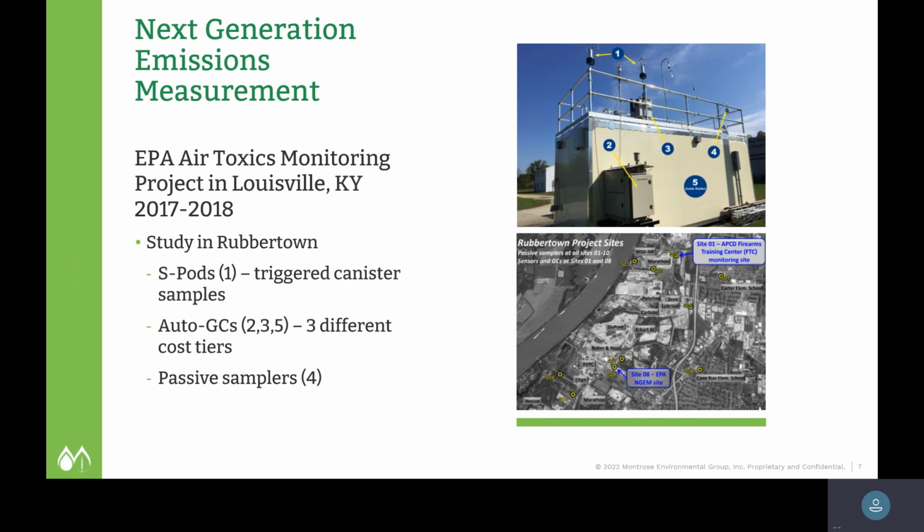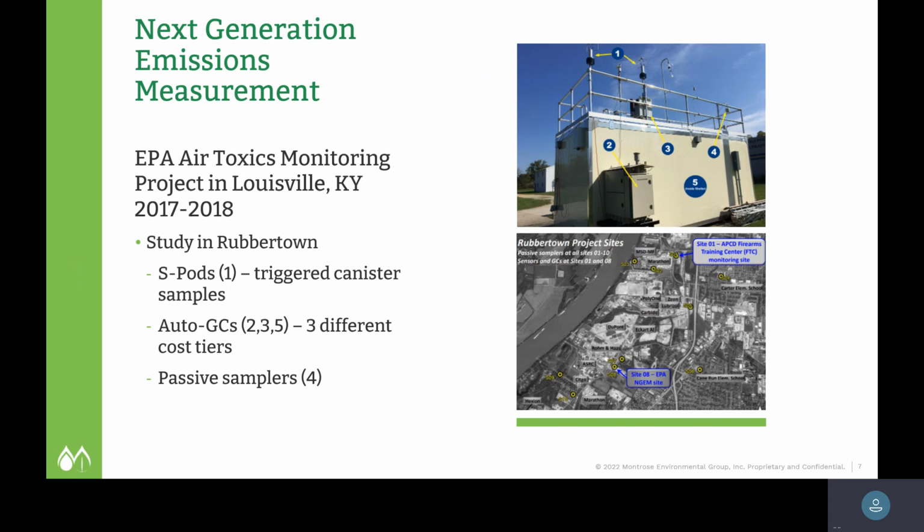They also had auto GCs and passive samplers, and they deployed them at various sites to evaluate concentrations of VOCs. Also, they had S-Pods with triggers. So the S-Pods with PIDs hit a certain threshold, which opens up a solenoid valve and collects a canister. You get a laboratory analysis, speciated information to go with that S-Pod. So EPA is building a body of data to use for regulatory purposes moving forward.